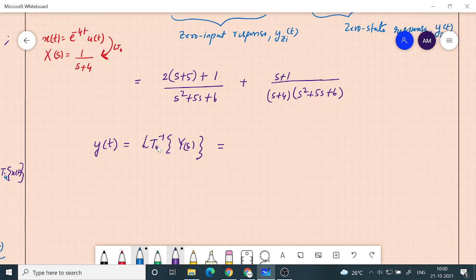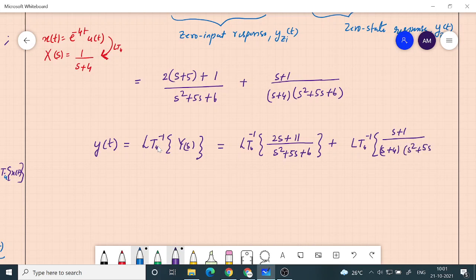So I am going to write it as the Laplace transform inverse of, let me now write by multiplying it, 2s and then 2 into 5, that is 10, plus 1, 11, divided by s square plus 5s plus 6. Then plus, this is again inverse of the second term, which is s plus 1 divided by s plus 4 into s square plus 5s plus 6.